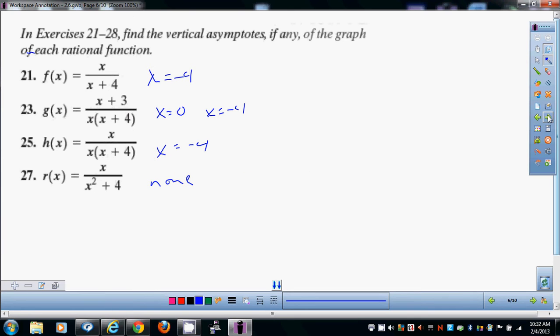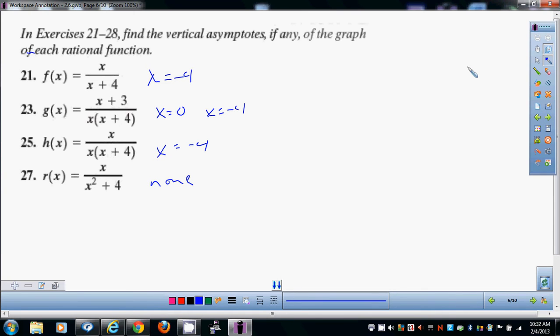Vertical asymptote. Who can discover that for me? 2.6. What does it say? The line x equals a is a vertical asymptote of the graph of the function f(x). So why don't I just give you a definition?